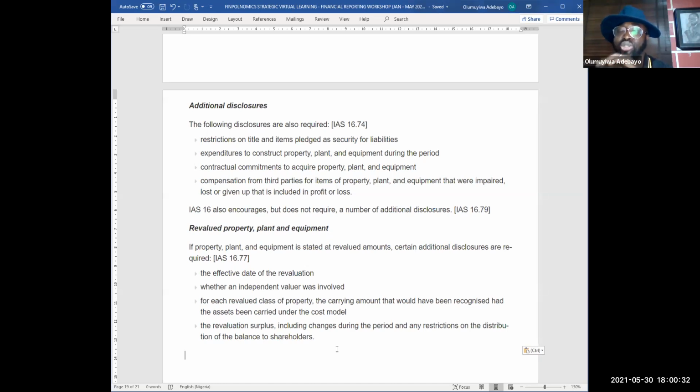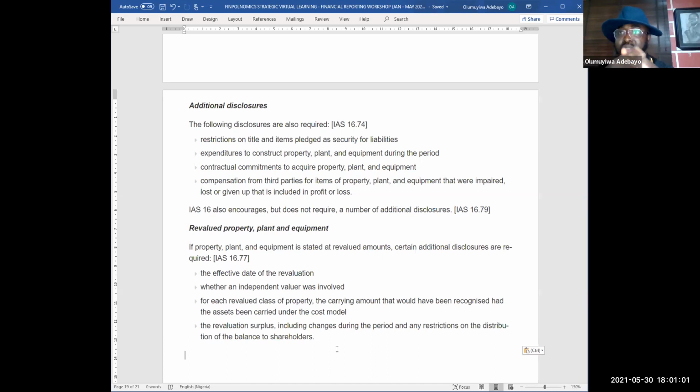The essence of the disclosure is that if you disclose that an external or independent valuer did it, it will be considered much more reliable than internal. And also, even when it is external or independent, the caliber and the experience of the valuer will put more credence on people accepting such a value.